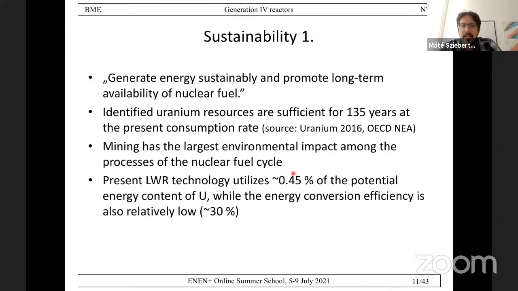Also, we can see that mining has the largest environmental impact among the processes of the nuclear fuel cycle, and the uranium which is mined is utilized only with a very small efficiency. And we could see that fast reactors may help in this respect. This is why in the generation 4 reactors there is so much focus on fast reactors.